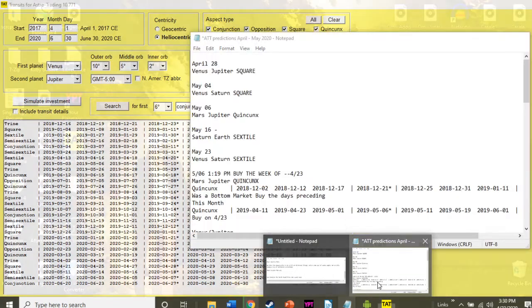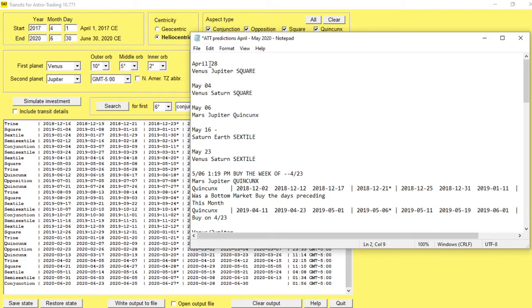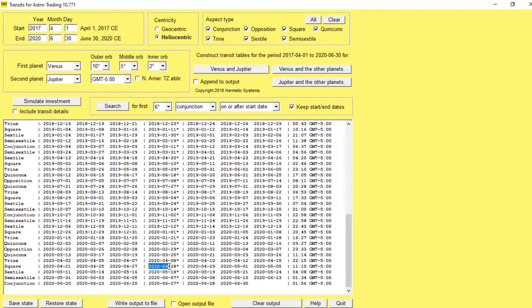So let's look at some aspects. April 28th is a Venus-Jupiter square on the face of it, and we'll see which kind it is. I've got more notes, but there's a Venus-Jupiter square on the 28th. That's right here, and we have this quincunx trine square pattern: 150 degrees, 120 degrees, 90 degrees from the sun's perspective.